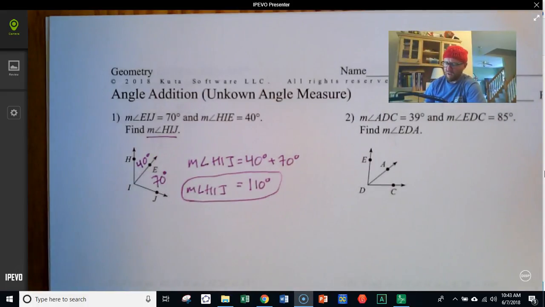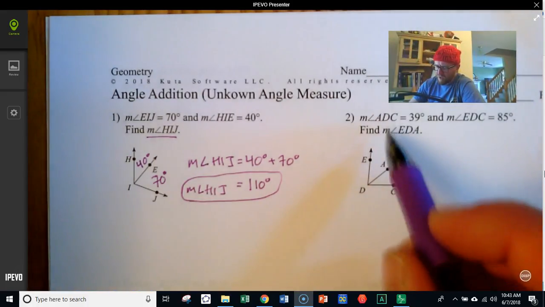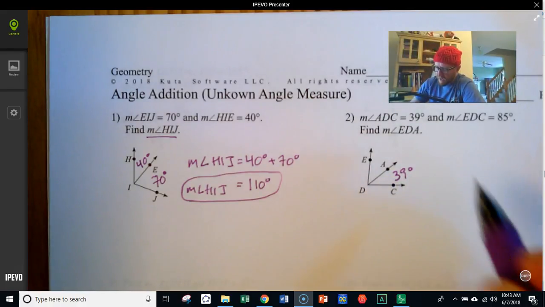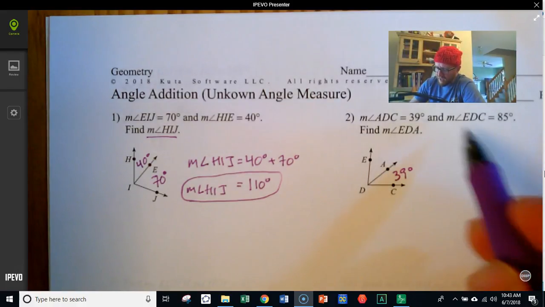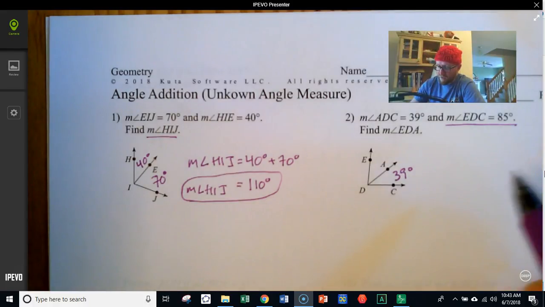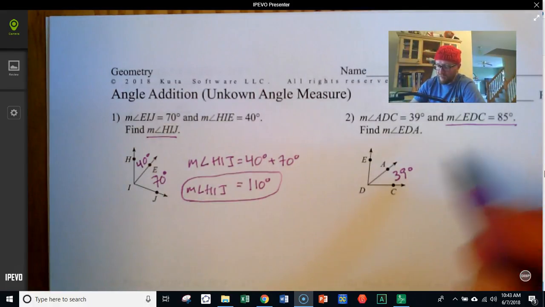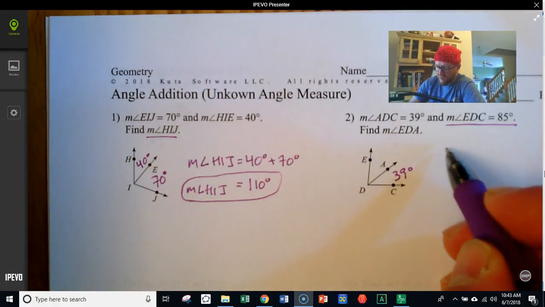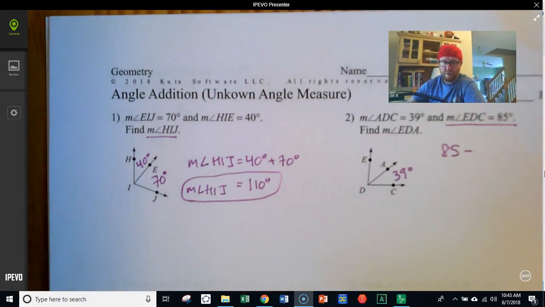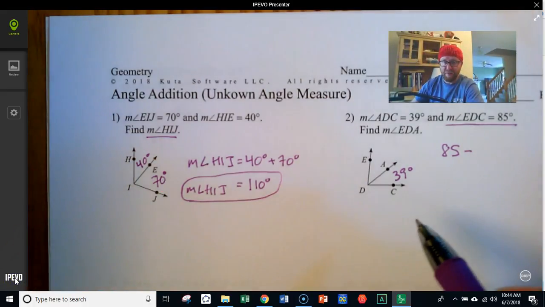Okay, let's take a look at another one here. Let's see, we've got ADC, that's 39 degrees, and EDC, that's the big angle, is 85 degrees. So, in that case, we could set it up a little bit differently. 85 degrees, that's the big angle.